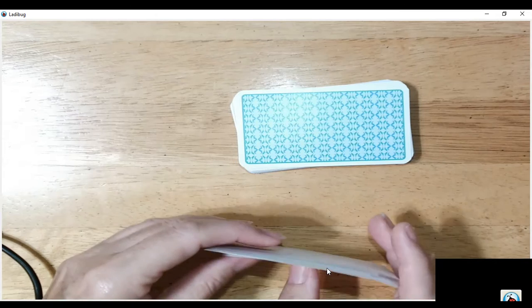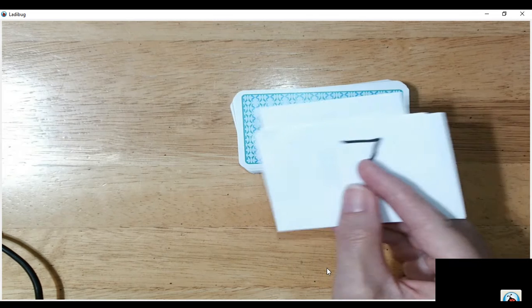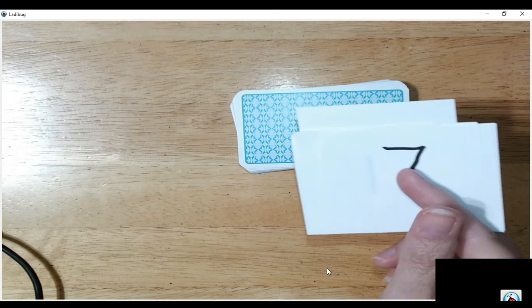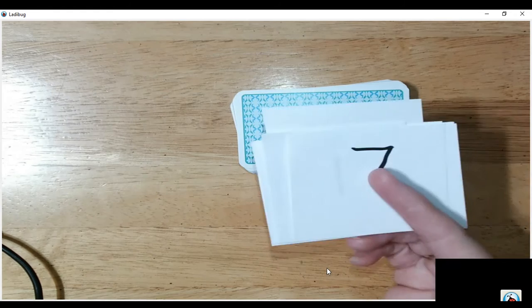Or if you have note cards, you can use those. But you need the digits 1, 2, 3, 4, 5, 6, 7, 8, and 9. Okay, I'm going to use the deck of cards.